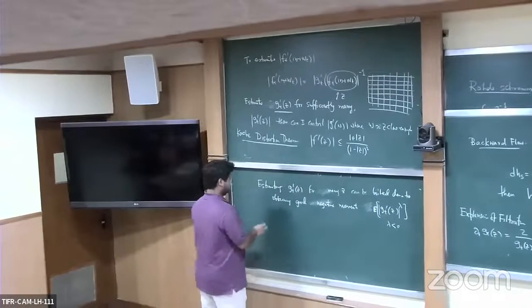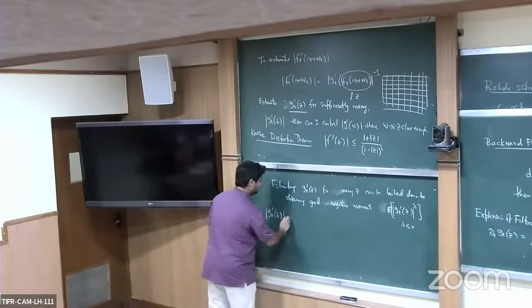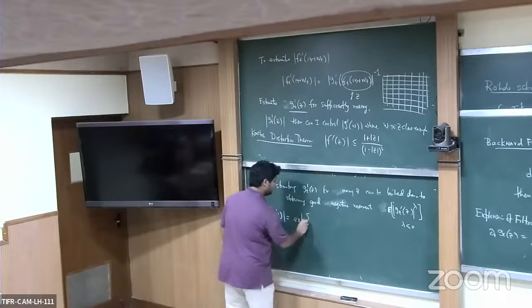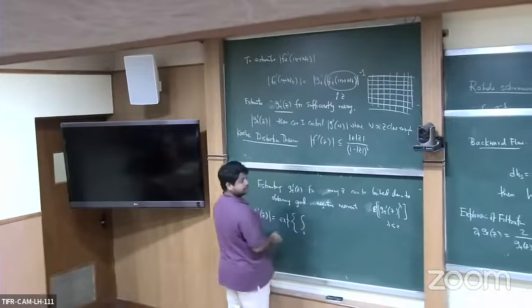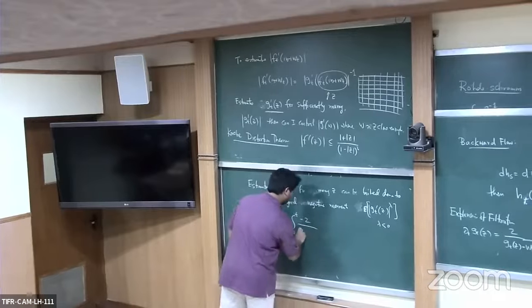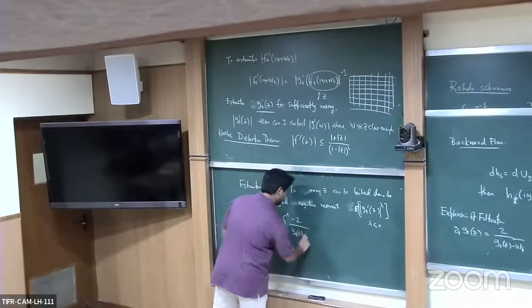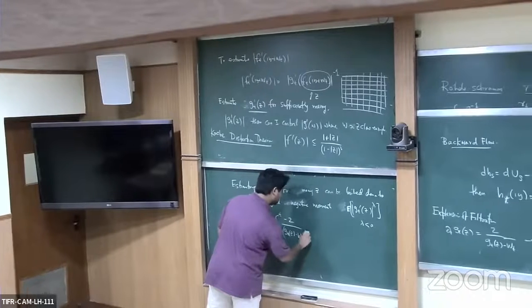In fact, g_t prime of Z can be written as the power of this, g_t of Z minus W_t, whole squared.